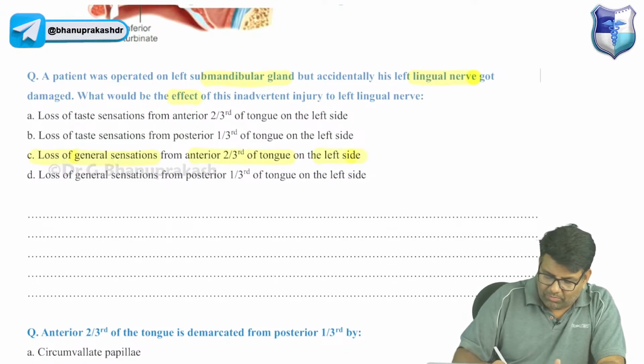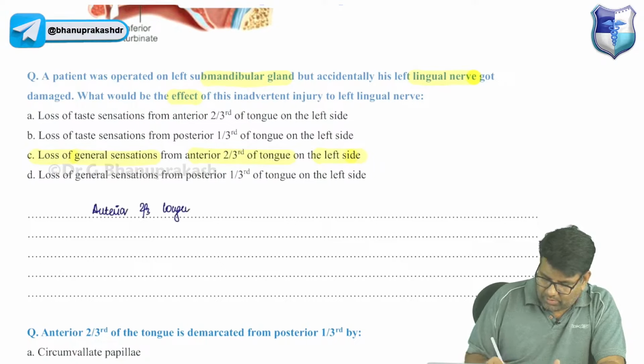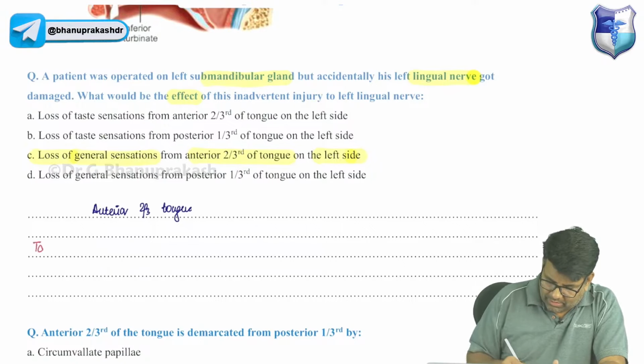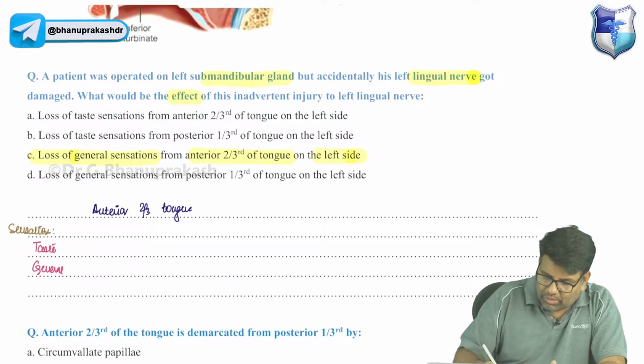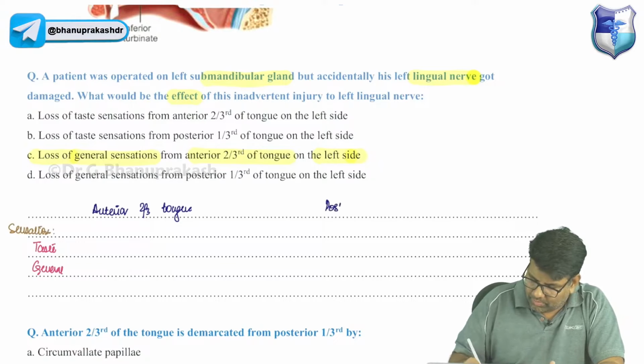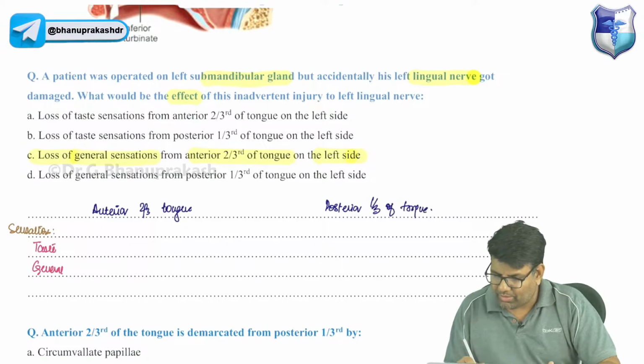Anterior two-thirds, and on one side we can write taste sensations and another is general sense. Very good.